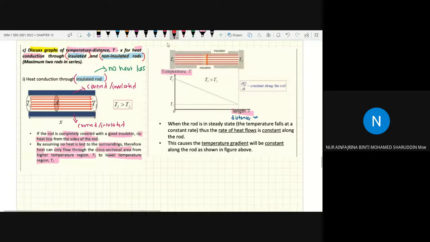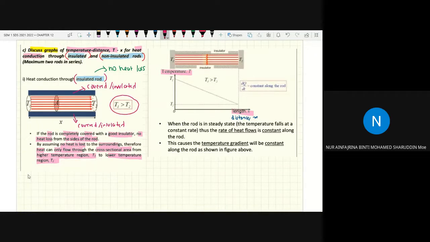So, maksudnya kalau awak perasan yang warna merah ni, dia adalah heat flow. So heat flow elok je lah from T1 to T2. Maksudnya no heat loss to surrounding. Tetapi dia masih sama. Temperature dekat T1 ini is higher than temperature dekat T2.